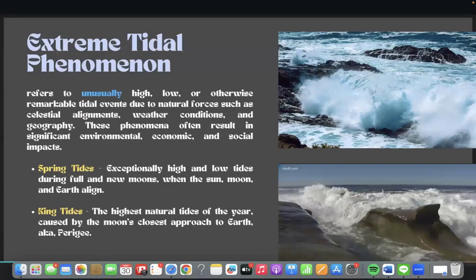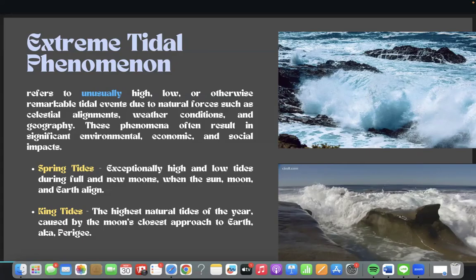Alright, so our final topic is to learn about extreme tidal phenomena. These usually refer to unusually high, low, or otherwise remarkable tidal events due to natural forces such as celestial alignments, weather conditions, and geography.